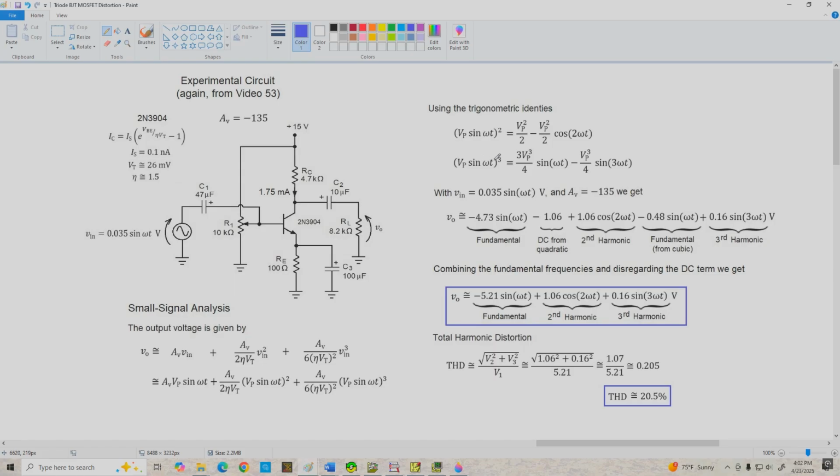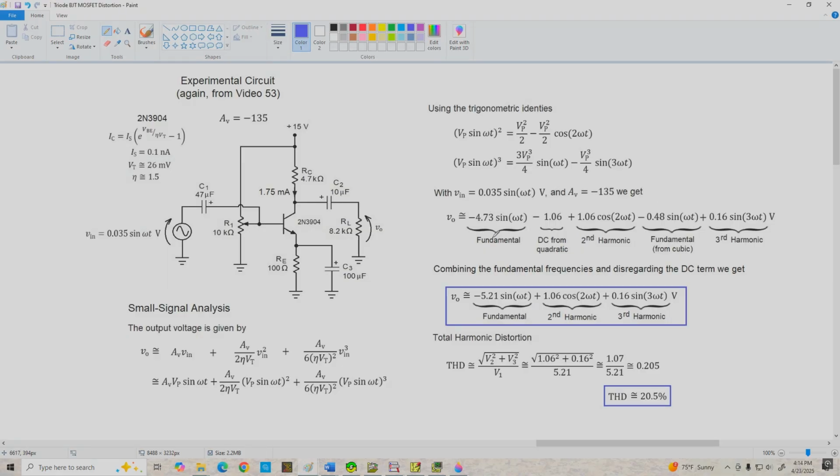The sine cubed factor is going to give us a sinusoidal component at the original frequency and an inverted sinusoidal component at 3 times the original frequency. So we've got a component at the fundamental, that's this original frequency, the second harmonic, and the third harmonic, plus a DC term thrown in there as well. Now if we substitute in our values for Vin and a voltage gain of -135, this is the output that we get.